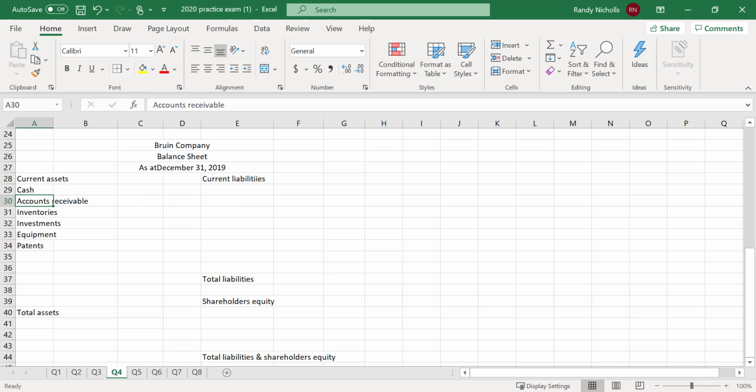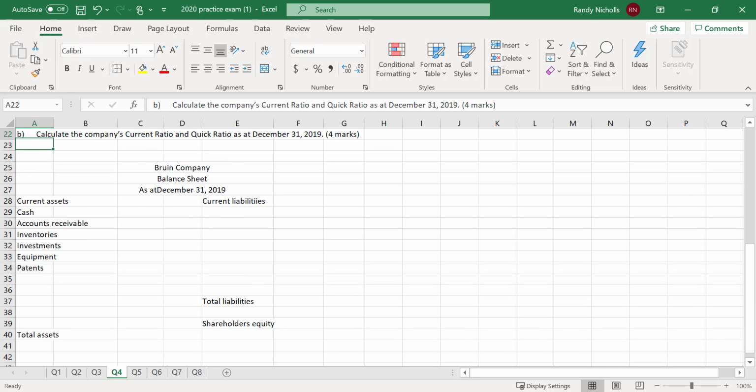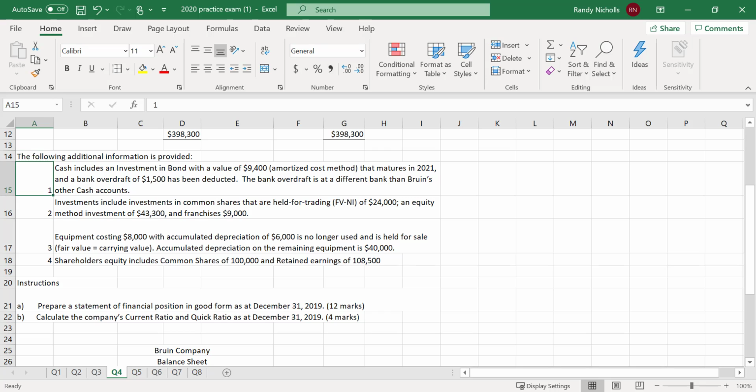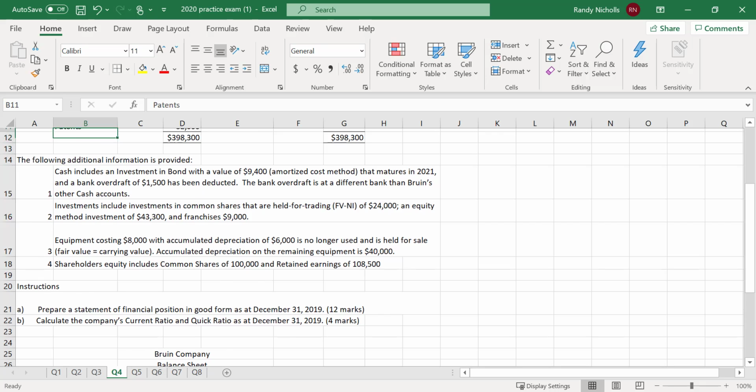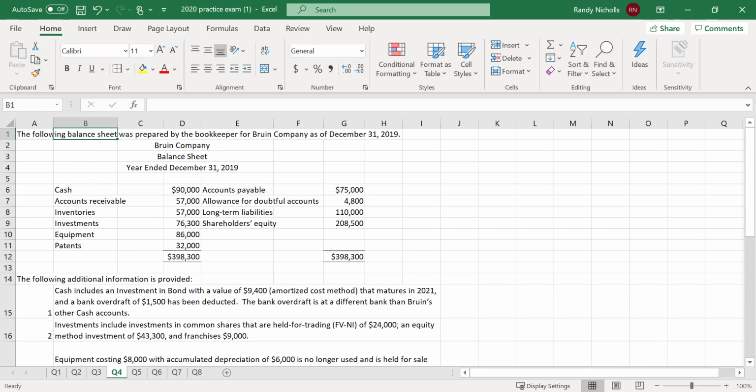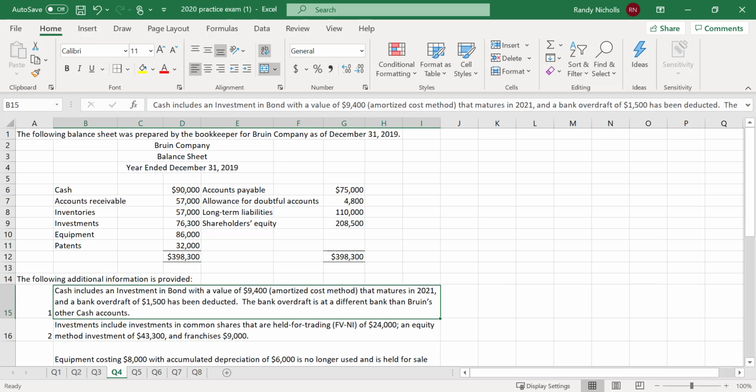That's a little short, but okay. So cash is always a current asset. Cash is always the first current asset. What's in there? Well, it's an investment in a bond with a value of $9,400 using the amortized cost method that matures in 2021. So what year are we looking at? 2019. Well, that's long term, right?